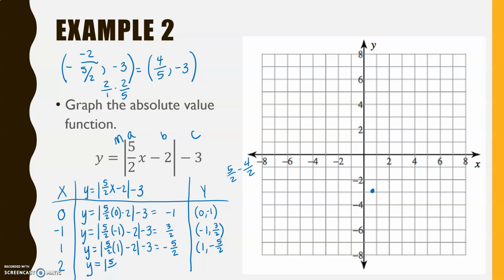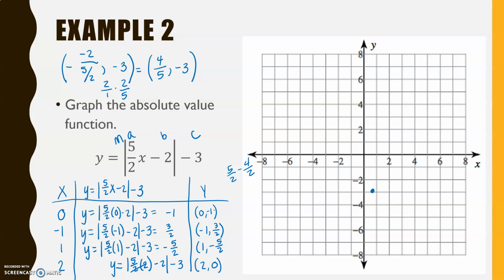And then here, I'm going to have to move this work over a bit. The nice thing about dealing with the even numbers is that the pairs cancel out, so I just get 5, and then minus 2 is 3. Minus 3 again would give me 0, so I'm going to get the point 2, 0.